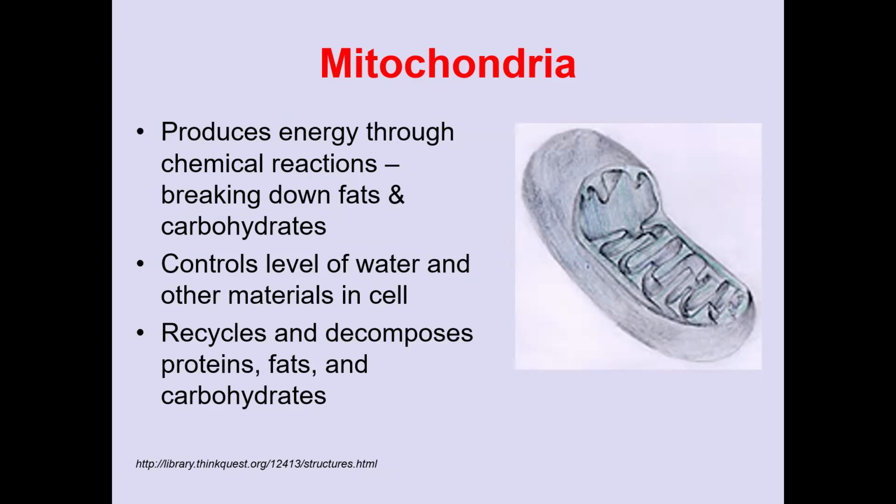So for mitochondria, it produces energy through chemical reactions in metabolism. When you take dietary carbohydrate or lipids, after digestion, you produce the end product of digestion. Let's say for carbohydrate, we have glucose in the body.